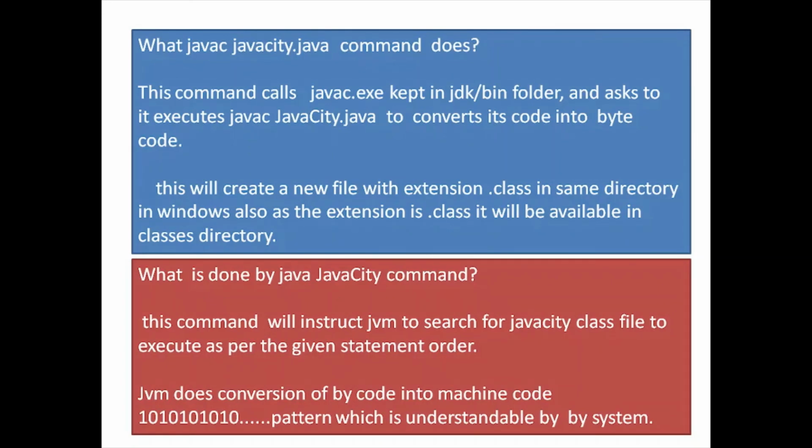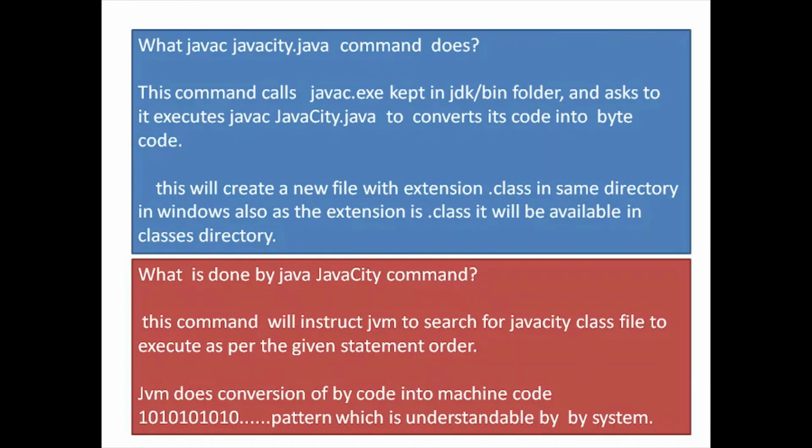Okay, how will Java identify it? By the simple extension dot class, available in the directory and identified with the name JavaCity. So the complete file name will be JavaCity.class.